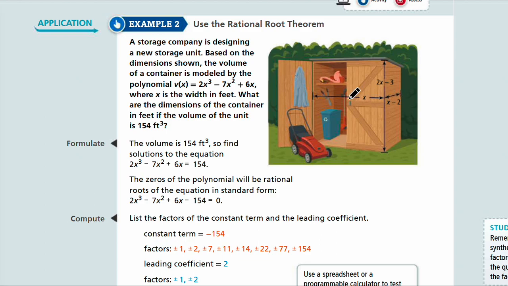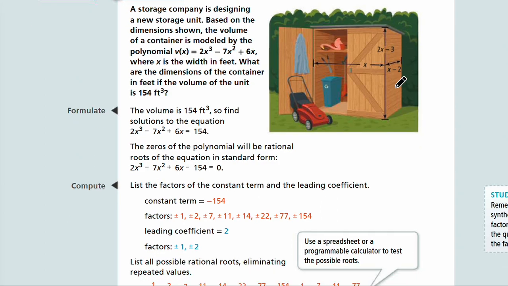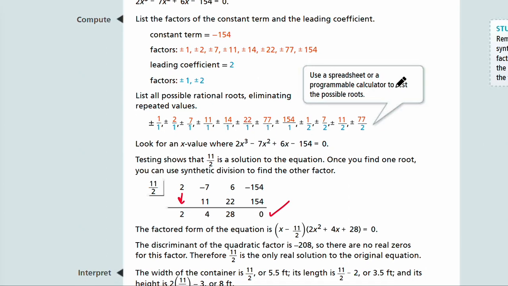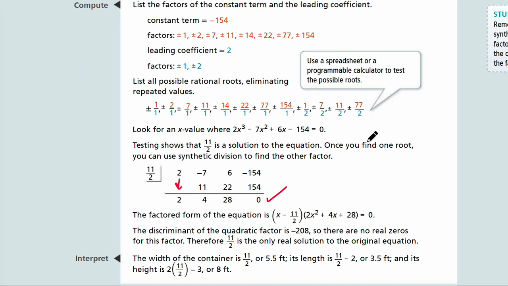So x is your width, and then you can solve for the other factors. x minus 2 would be the length, and then 2x minus 3 would be your height. So once you figured out the real solution, you can just substitute and figure out the other dimensions. So we have 5.5 feet, and then 3.5 feet, and then 8 feet for your length, width, and height.